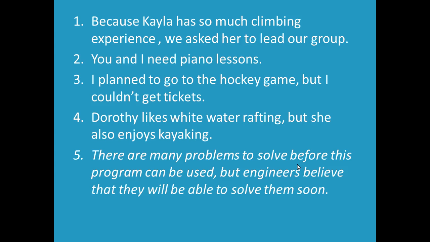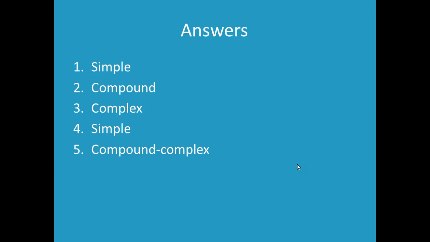Number 5, there are many problems to solve before this program can be used, but engineers believe they will be able to solve them soon. Correct, which one do you think this is? That's right, you have a subordinating conjunction and a coordinating conjunction, which means you're looking at a compound complex.